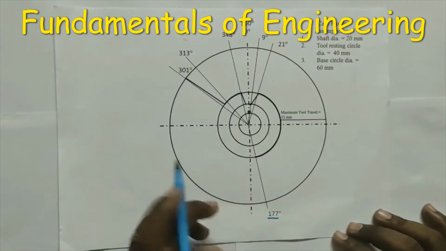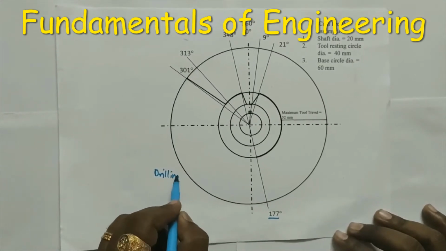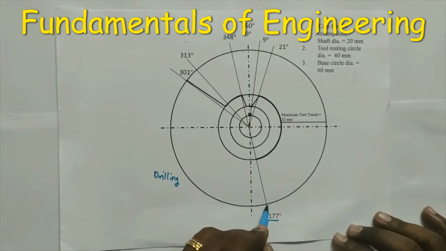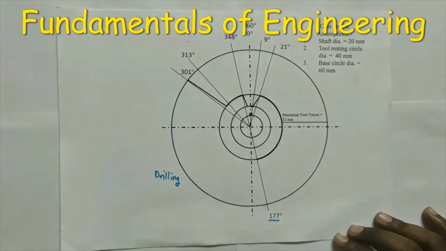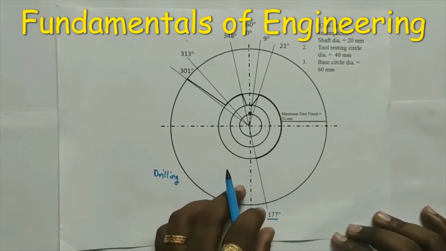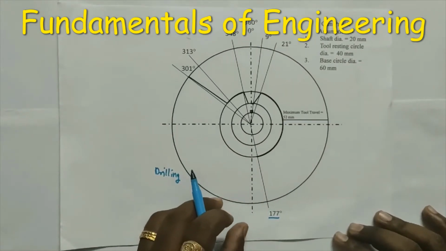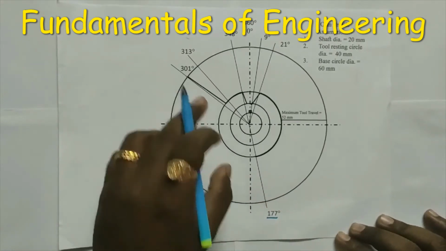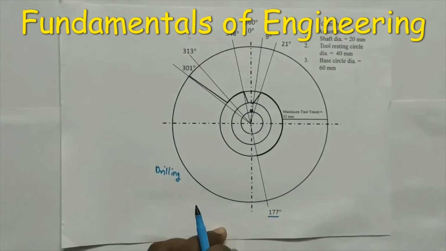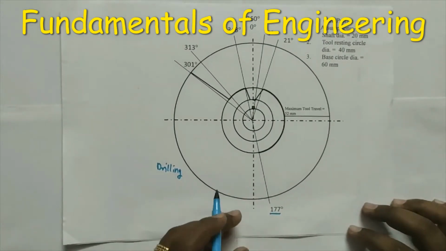For this drilling operation, which is starting from 177 degree to 301, we are drawing a cam profile. Here some mistakes are carried out, where the students are not drawing the cam profile accurately. So here we are going to see one trick.